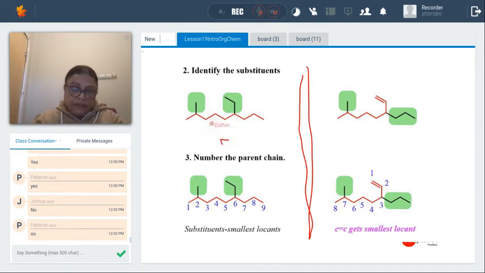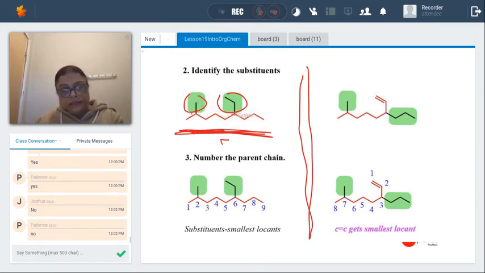On the left, this is the biggest chain, and we have two substituents, methyl and ethyl. And I count from left to right to give the first substituent the smallest number. So this will be carbon 2, this will be carbon 6. What about the alkene? This is the longest chain, okay?